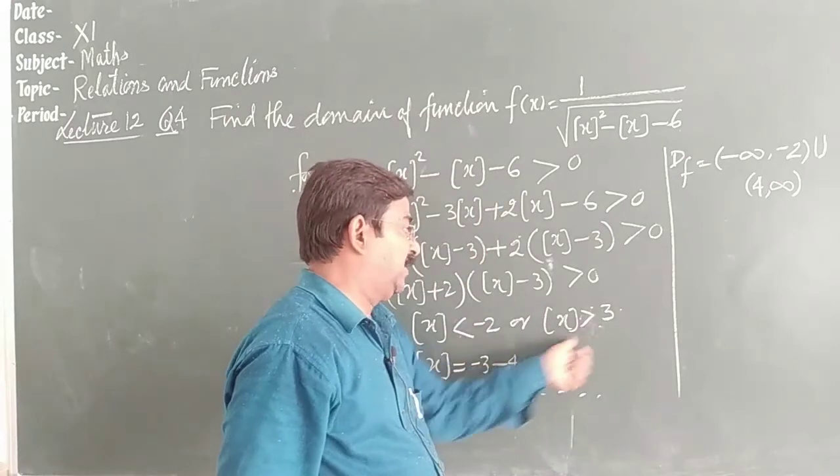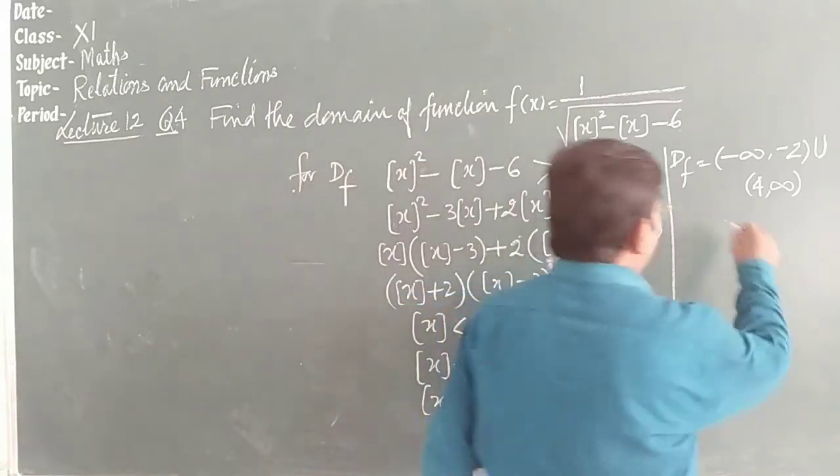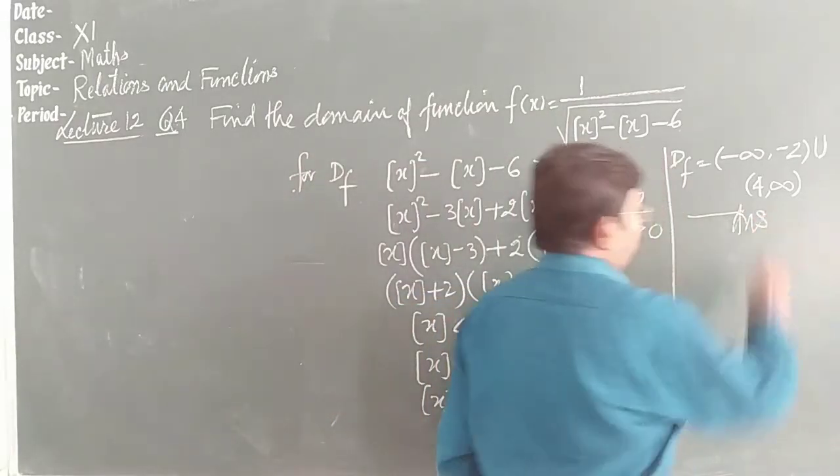More than 3 means 4, 5, 6, 7 and onward. So this will be the answer of the question.